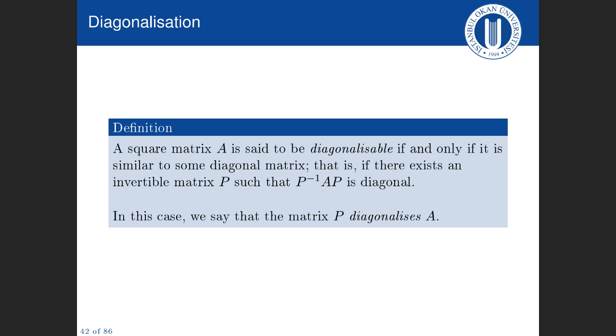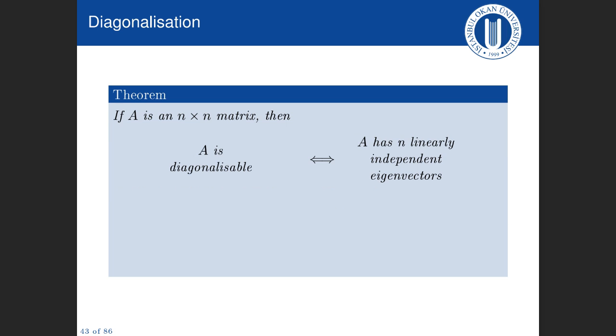So how do we know if a matrix is diagonalizable? We have this nice theorem. This is an important theorem for this topic. If A is a square n by n matrix, then A is diagonalizable if and only if A has n linearly independent eigenvectors.